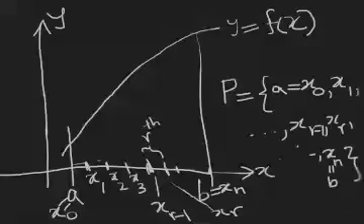This is called a partition of this interval AB. You can find infinitely many partitions, right? This is a partition.